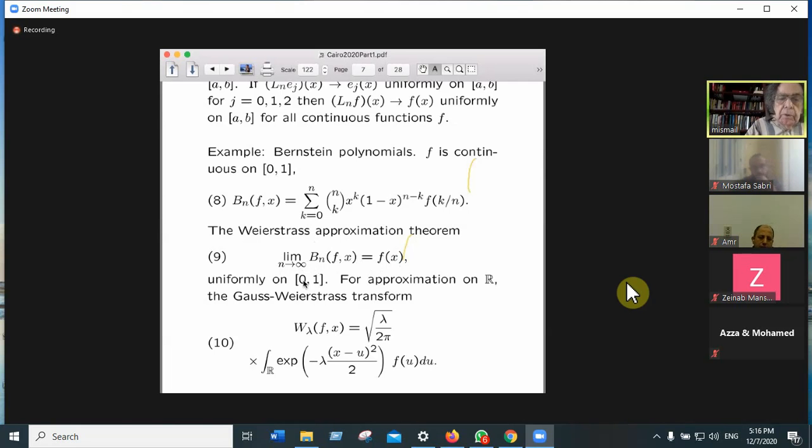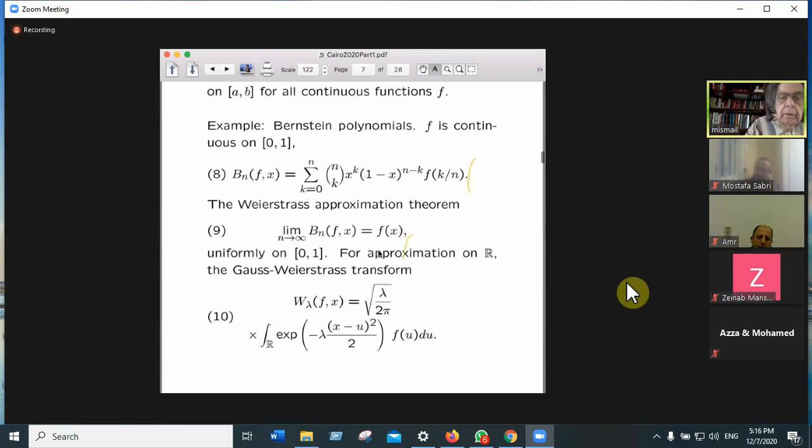His original proof, of course, was different, but if you use the Korovkin Theorem, all you need to do is take f to be 1, x and x squared, calculate this, make sure that this works for 1, x and x squared, and then it works for everybody. It's an amazing theorem. And what is interesting is its proof is actually not much harder than the original proof that Bernstein gave.